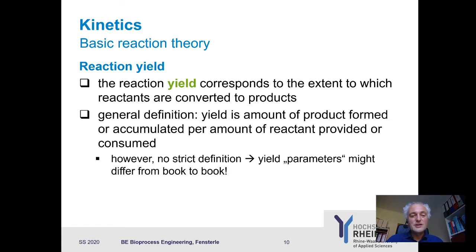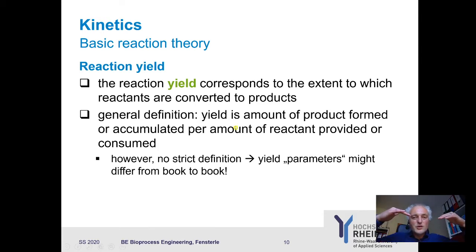But the general definition is the yield is the amount of product formed or accumulated per amount of reactant provided or consumed. However, there is no real strict definition, so the actual yields might differ from book to book and place to place. So always check what this yield they are talking about actually means.